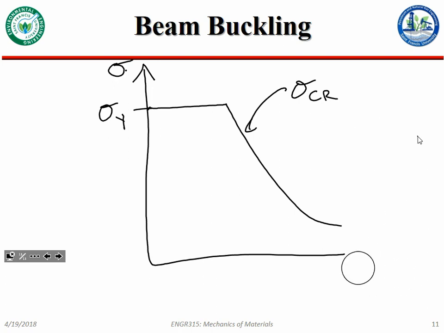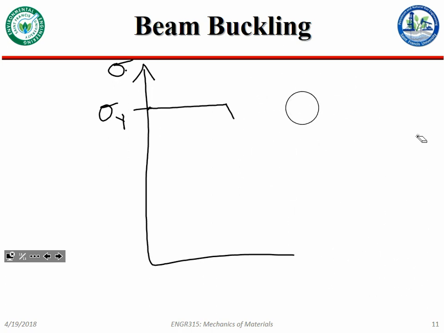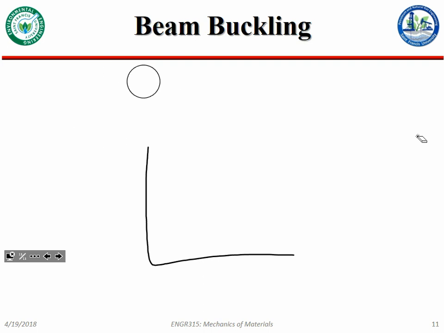So let's look at a couple other things. So the trick is, what would buckling depend on? What would make that critical stress change, conceptually speaking? Say again.